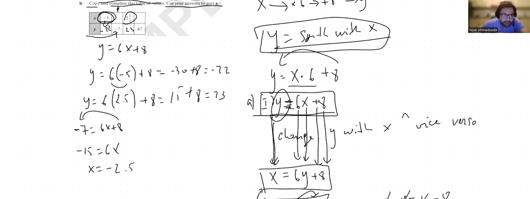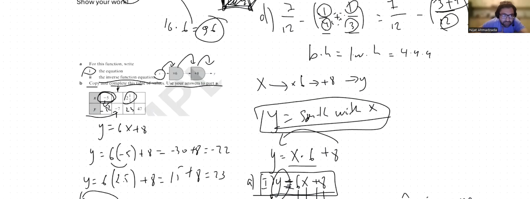Similarly, you can find the last one. Here, 47 is equal to 6x plus 8. Again taking the 8 to the other side, 39 is equal to 6x, meaning x equals 39 over 6. Or let's divide both sides by 3. So 13 over 2, which is 6.5.